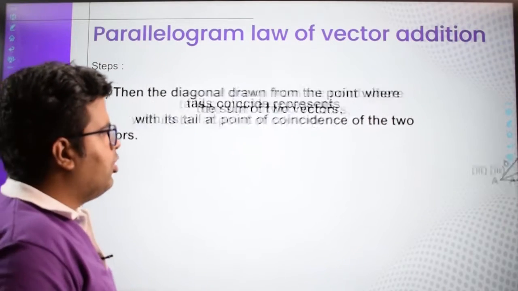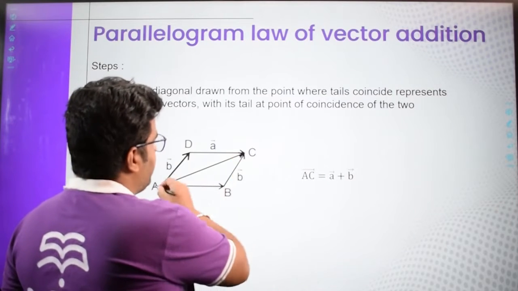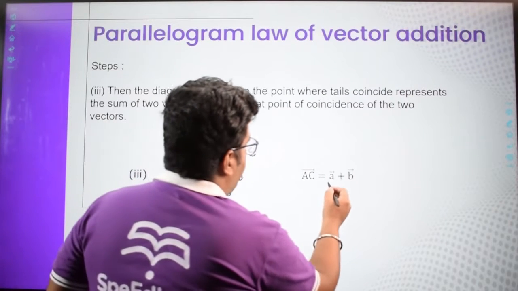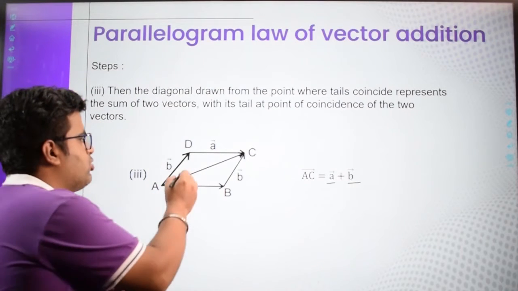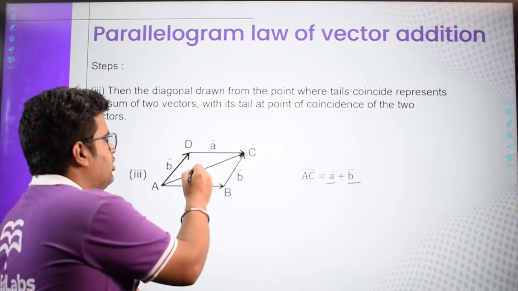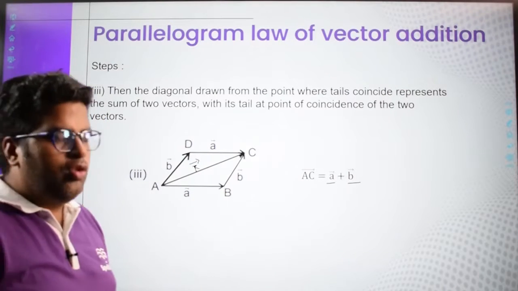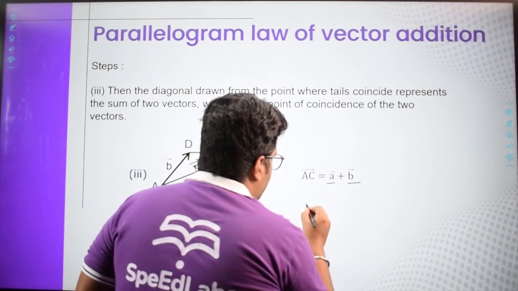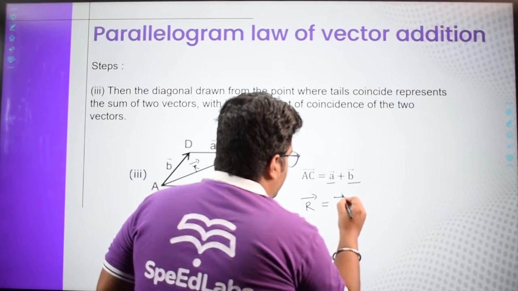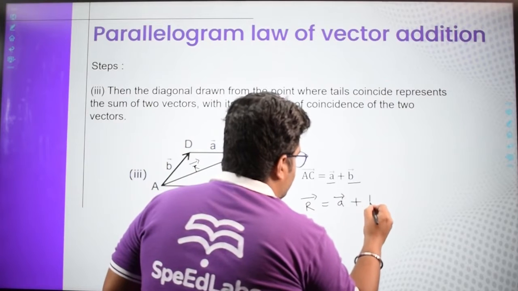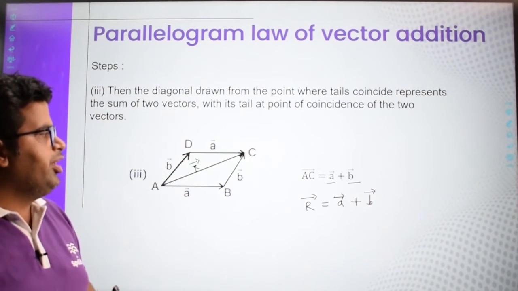So we have AC vector, that is the resultant, and that will be A vector plus B vector. अगर हम डायग्राम से देखें, so this is going to be the resultant vector, जिसको हम R vector भी बोल सकते हैं, and that will be equal to A vector plus B vector. So we are going to have R vector equals A vector plus B vector. So that's the resultant.